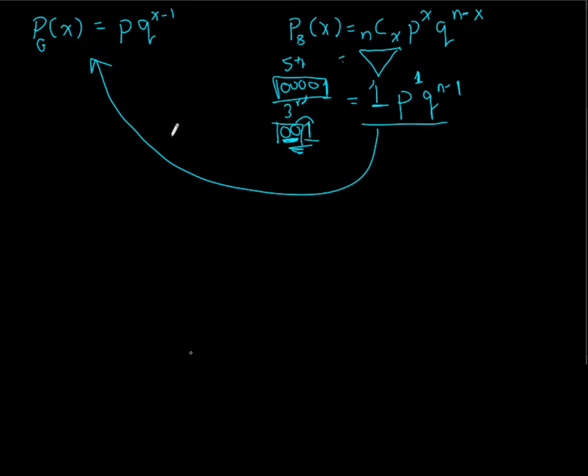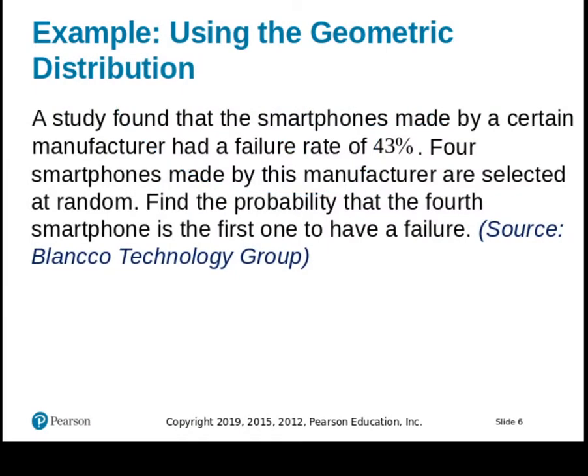All right, we're going to use this particular example from the book. A study found that smartphones made by a certain manufacturer had a failure rate of 43%. 4 smartphones made by this manufacturer are selected at random. Find the probability that the 4th smartphone is the first one to have a failure.